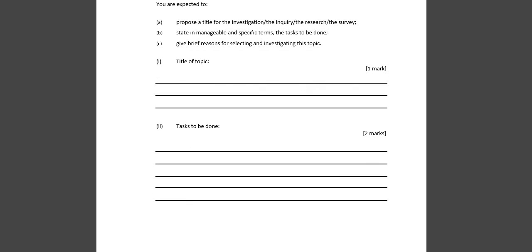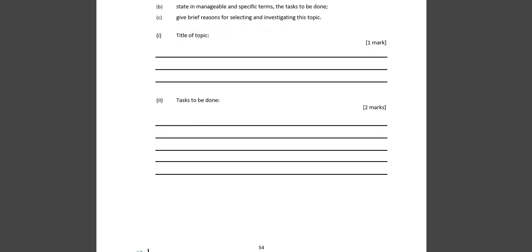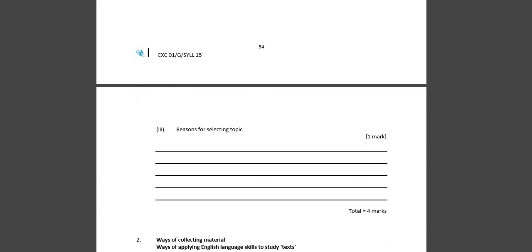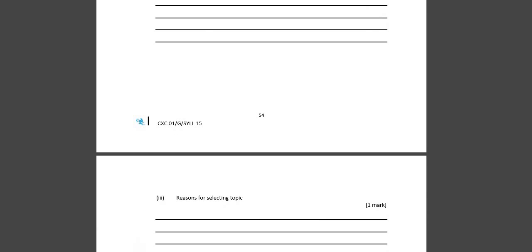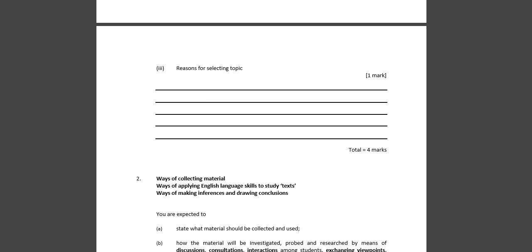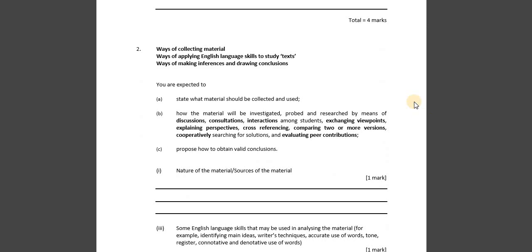Task to be done: stating in manageable and specific terms the task to be done. Fine, 2 marks. Going down again. Reason for selecting your topic, 1 mark: give brief reasons for selecting and investigating this topic. That seems rather simple, and in total that's 4 marks, no problem.